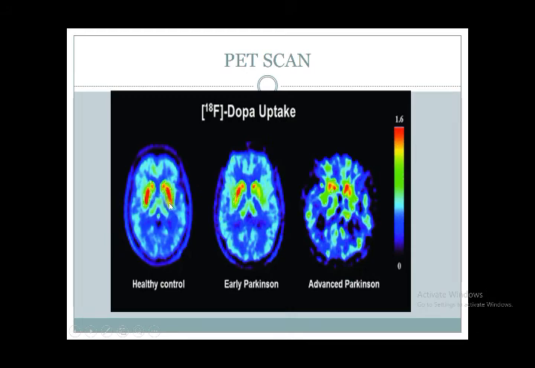But in early Parkinson's disease, you see there is decreased uptake of dye on one side, and that's why the tremor, rigidity and other symptoms will be contralateral to this side initially. Later on, you will see decreased fluorodopa uptake on both sides, with symmetric loss of basal ganglia structures because of the damage to the nigrostriatal pathway in Parkinson's disease.